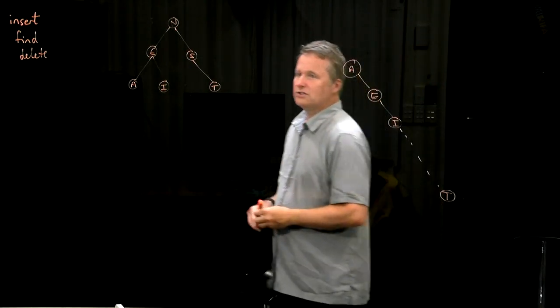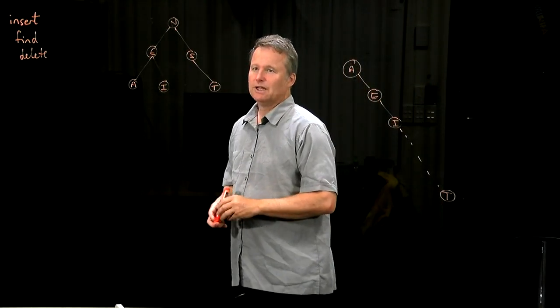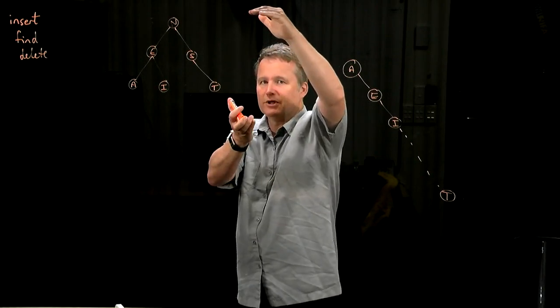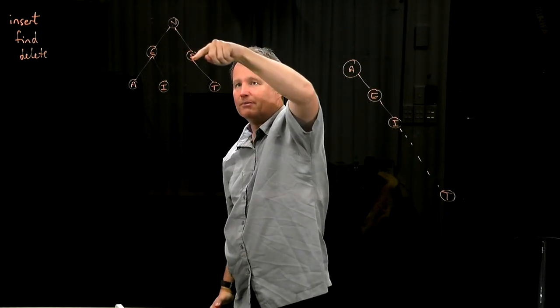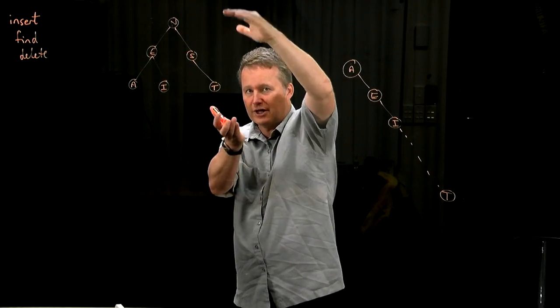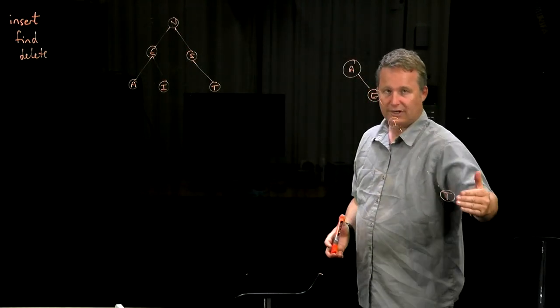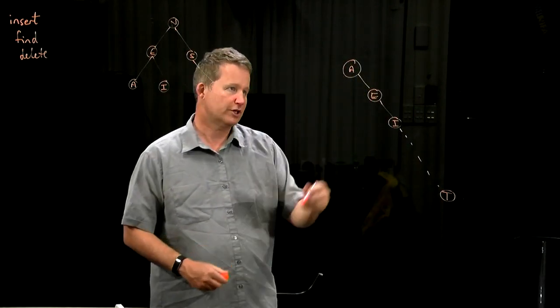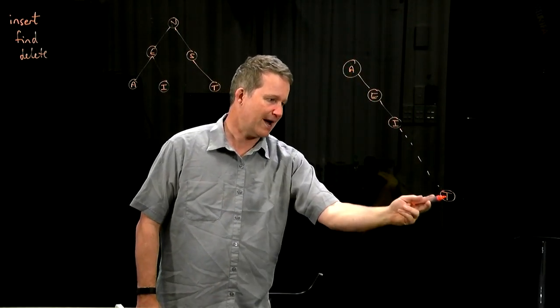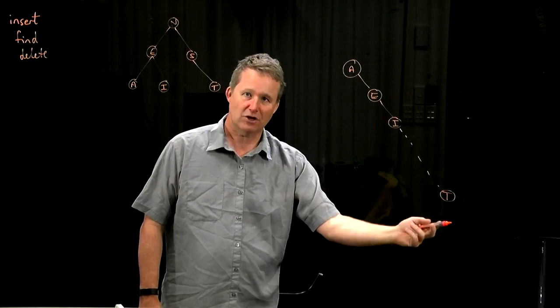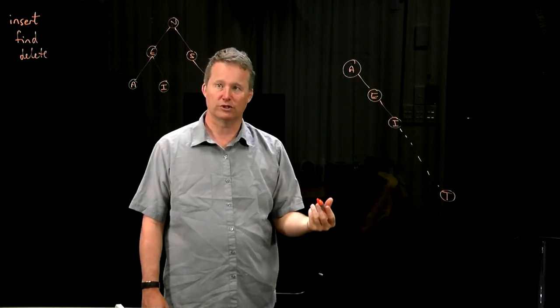And find is very quick if the tree is nice and balanced, because all you have to do is go down at most the height of the tree. But of course, if the height of the tree is very large, in the worst case, things could be really bad. It could take order n time to find something in the worst case.